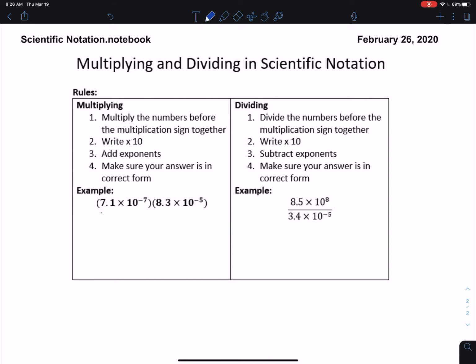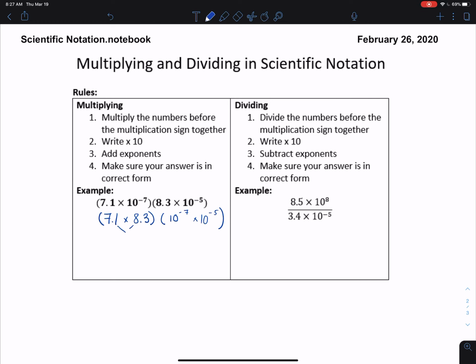So I'm going to multiply those numbers out in front first, 7.1 times 8.3. And then I'm going to group together the exponents, that 10 to the negative 7th power times 10 to the negative 5th power.